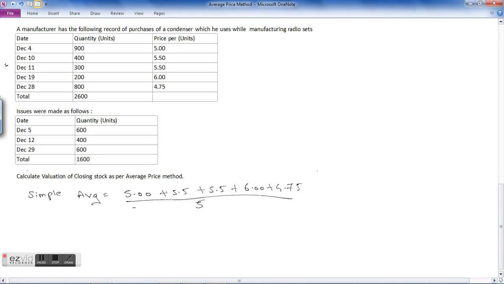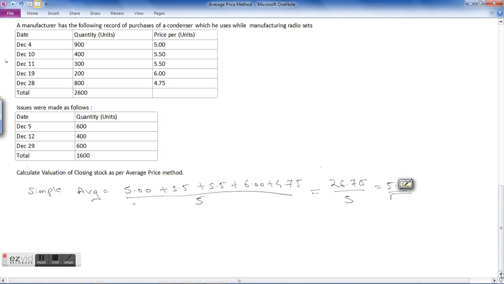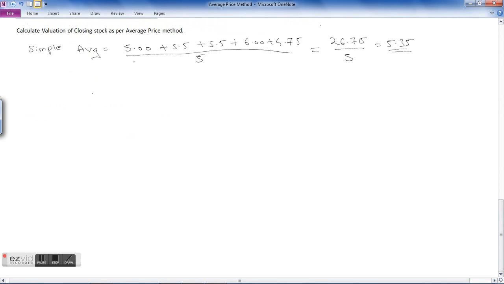So that comes to 26.75 divided by 5, so 5.35. But simple average is not very logical because there are different quantities of units purchased at different times. So the more logical way will be to calculate the weighted average.